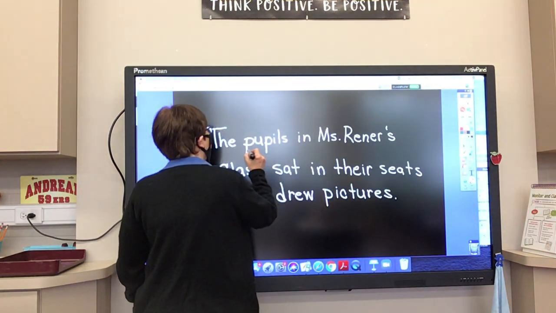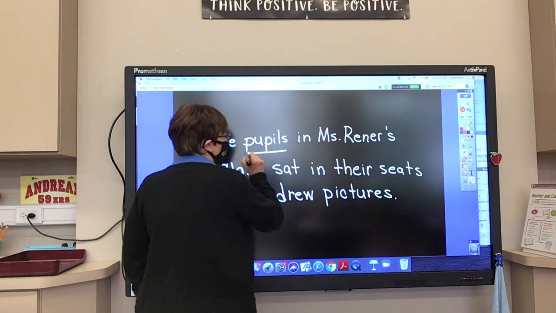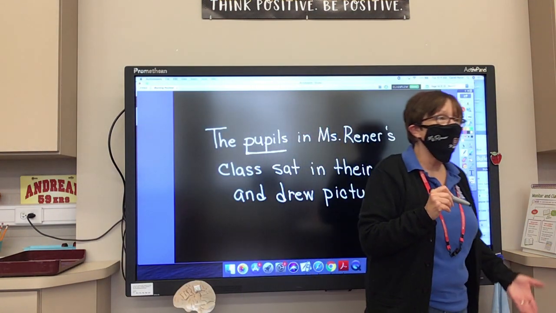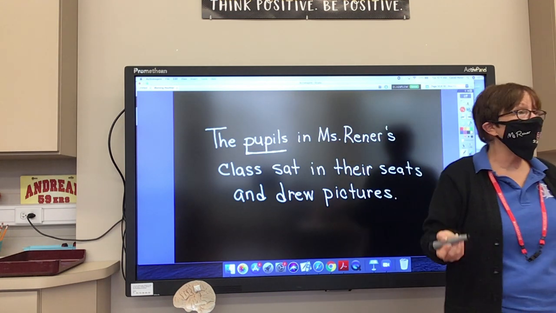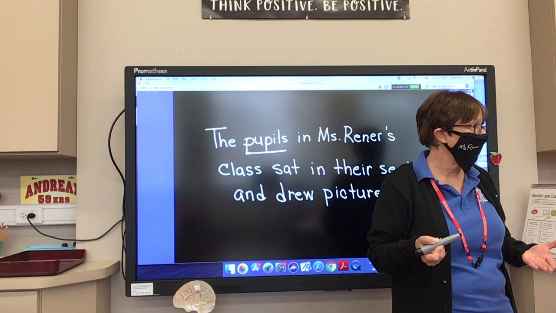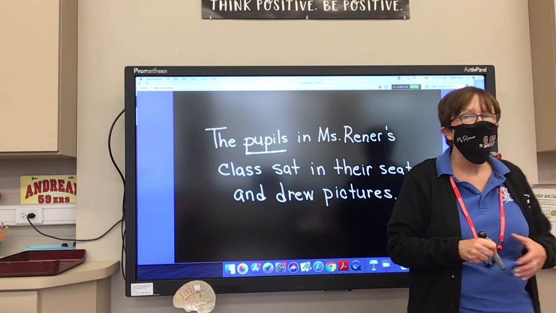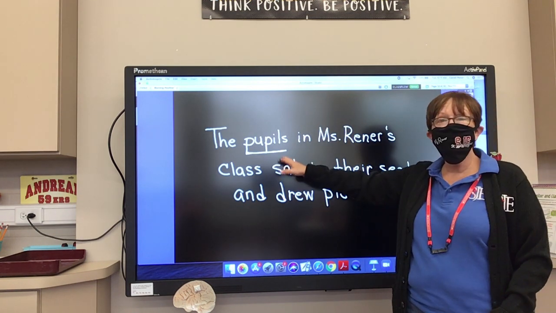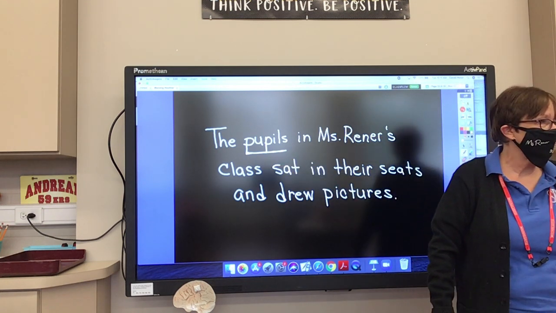Okay, here's our unfamiliar word, pupils. Now, when we did it today, there wasn't a sentence for it, right? It was just the word. It just asked what the word meant. It wanted a synonym for it. So now we have the word in a sentence.